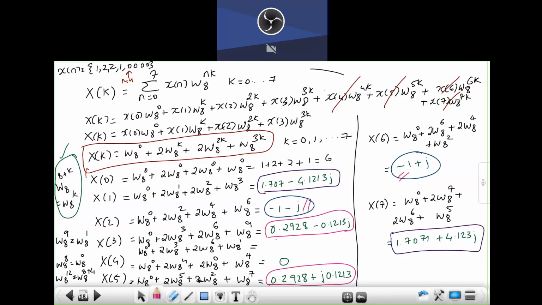Have all copied down or still copying? Madhushri, done copying? Madhushri?